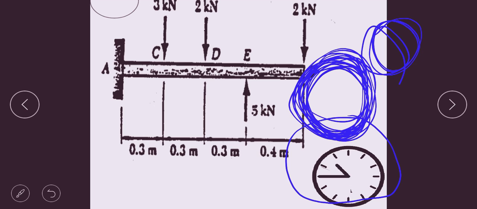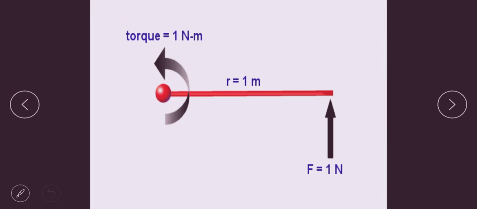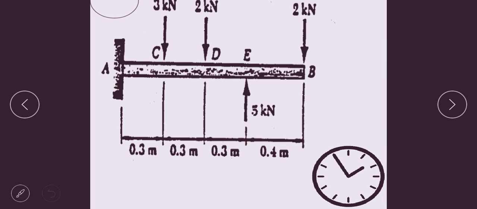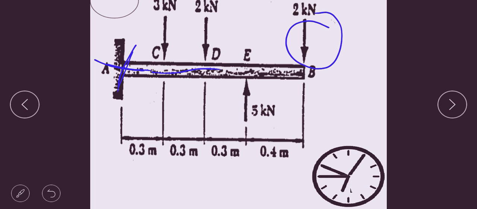So how do we know whether the moment is clockwise or anti-clockwise? Suppose we want to rotate this object about this point A. Here the force of 2 kilonewton is applied. Because of 2 kilonewton, what is the moment value applied at point A?